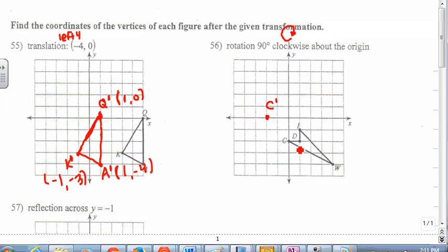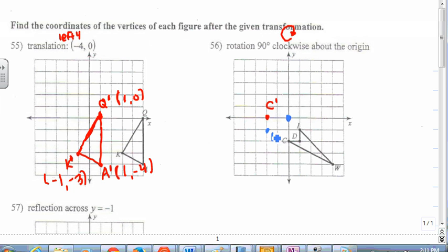Okay, if we go 1 quadrant, so let me use a different color for my origin. So we're spinning it around. So we're going 1 quadrant. So I was 2 down from the x-axis, so now I need to be 2 to the left. But I was only 1 away from the y, so I need to be 1 away from the x.